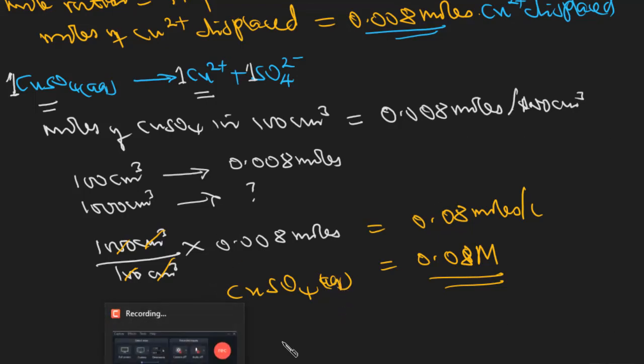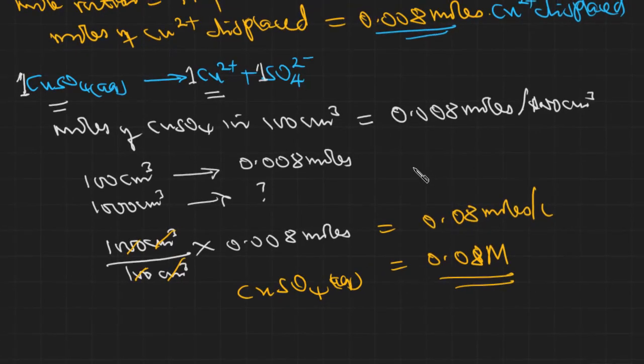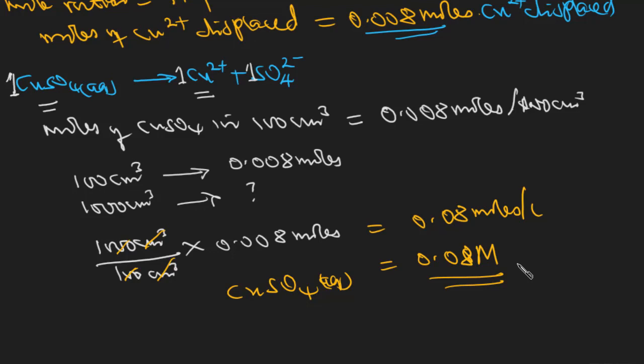Therefore, this will be 1,000 centimeters cubed over 100 centimeters cubed multiplied by 0.008 moles. So we cancel out, and then we have 0.08 moles per liter, or per 1,000 centimeters cubed, which is also written as 0.08 M. And that is the concentration of our copper 2 sulfate solution.